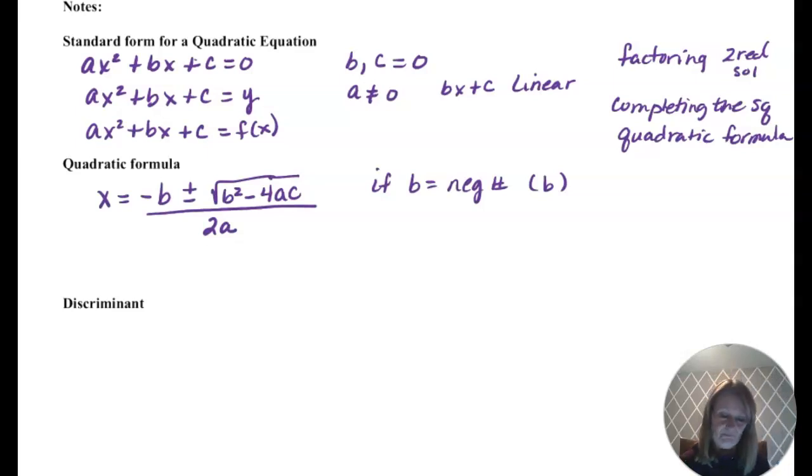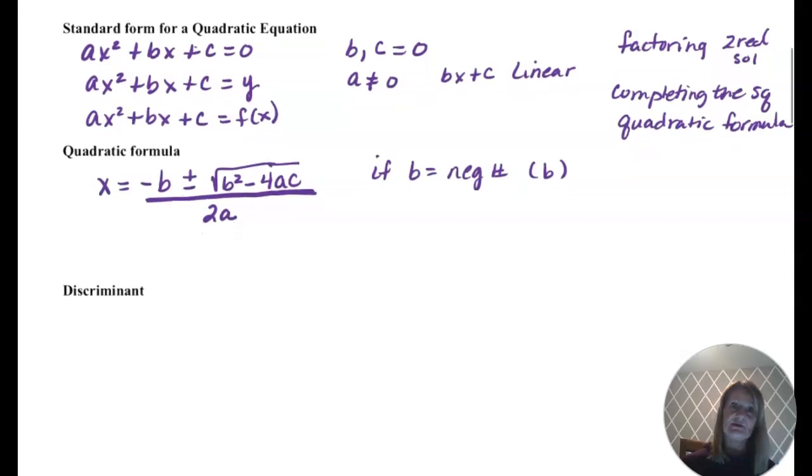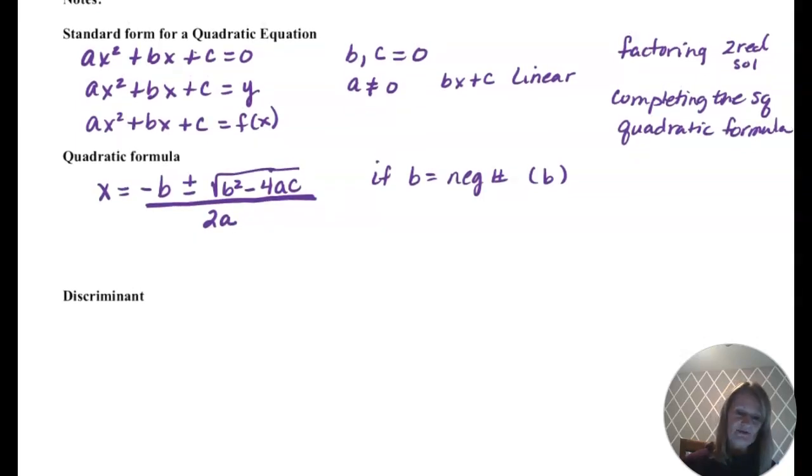The next thing is to always remember that this is all over 2a, not just the radical piece of it, but all of it. The next thing is the discriminant. What is the discriminant? The discriminant is simply this piece that is underneath the radical. It is the b squared minus 4ac.